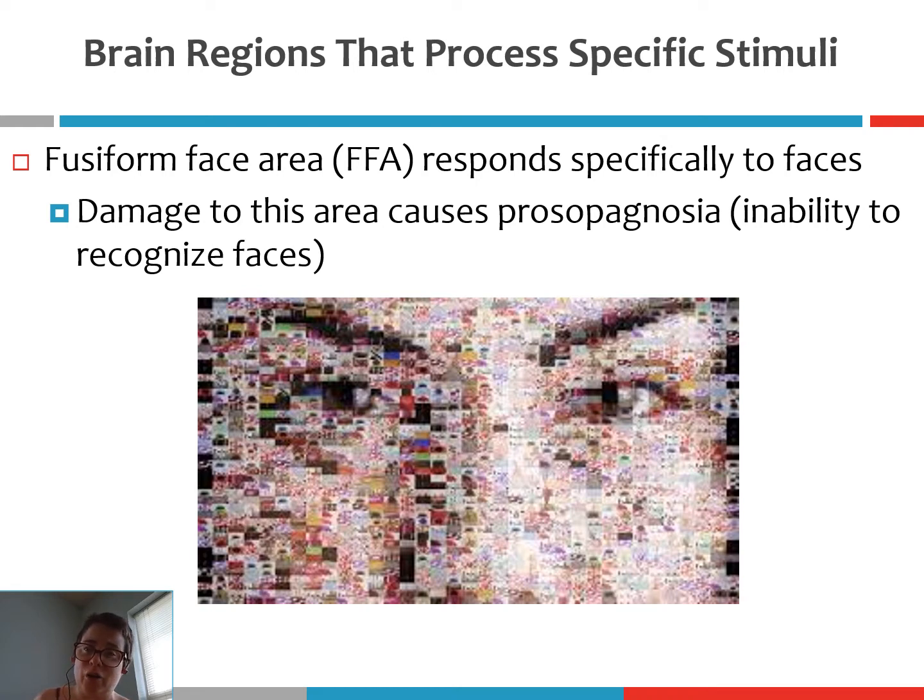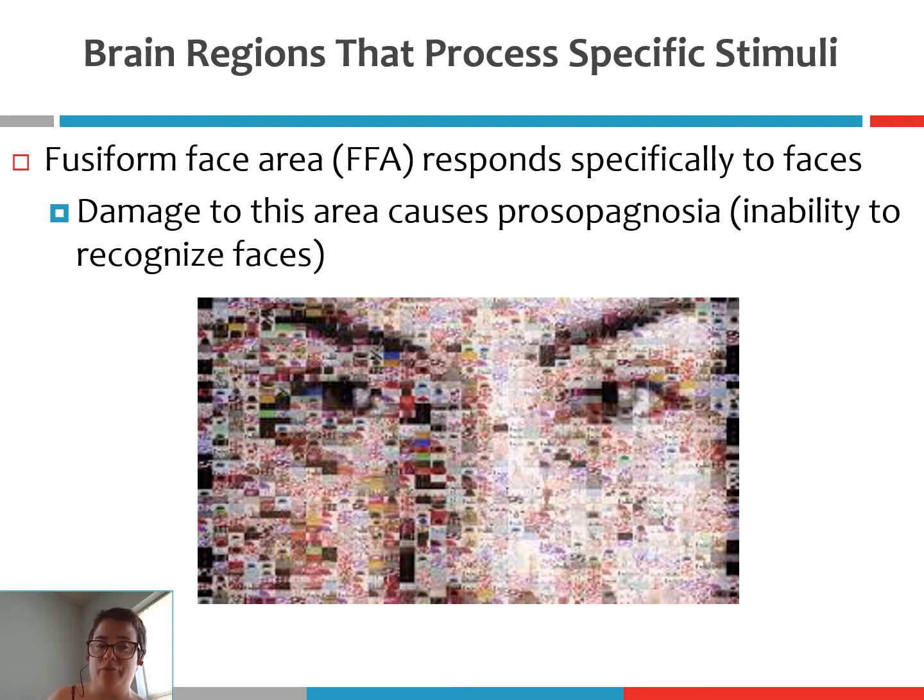So you guys have already watched a video talking about the FFA. The FFA is a region of the temporal lobe, as you know, that seems to be specialized specifically for recognition of faces. Right? And there's a lot of evidence that seems to support that interpretation.